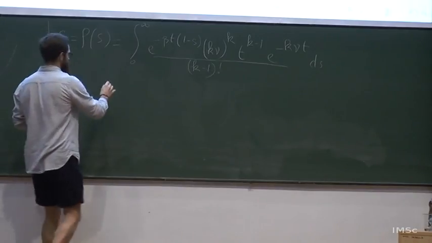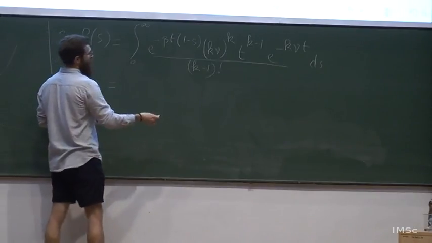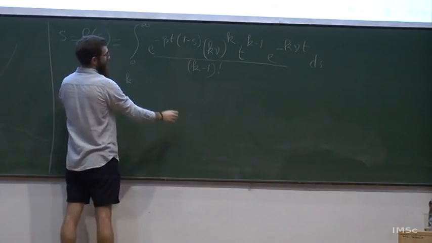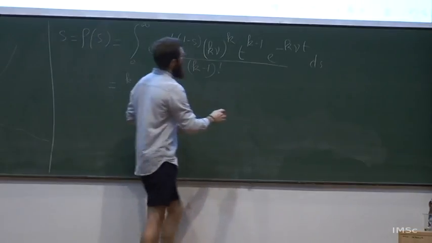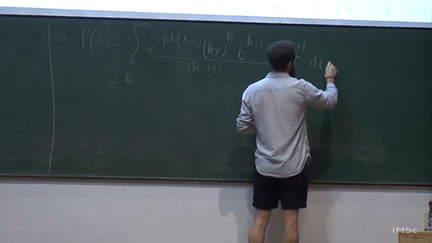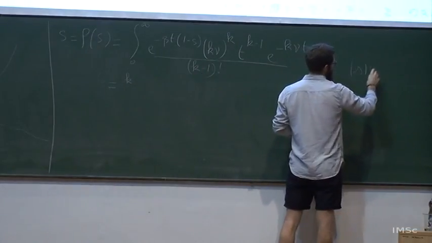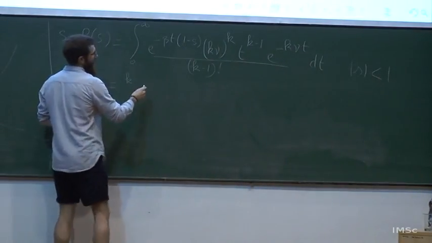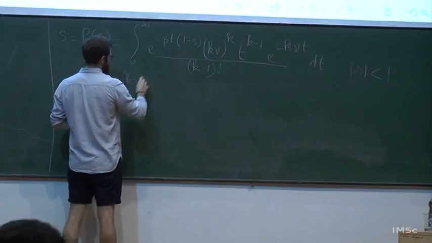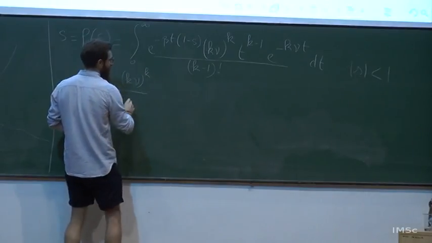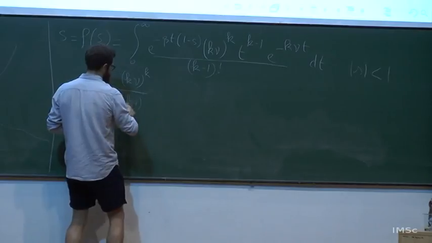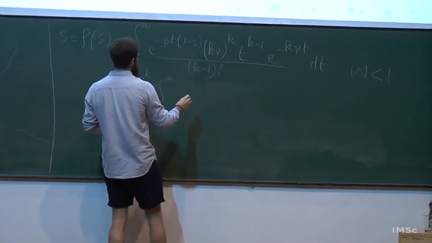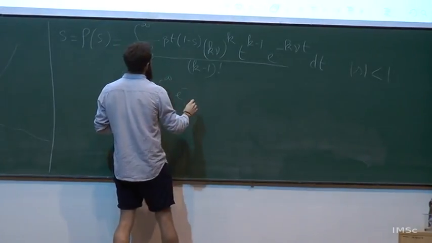And actually it's not that tricky. You just remove everything outside that doesn't depend on t, so it's dt here. For s, you just want it to be below 1. And if you remove this, you see a pattern arise with the exponential.